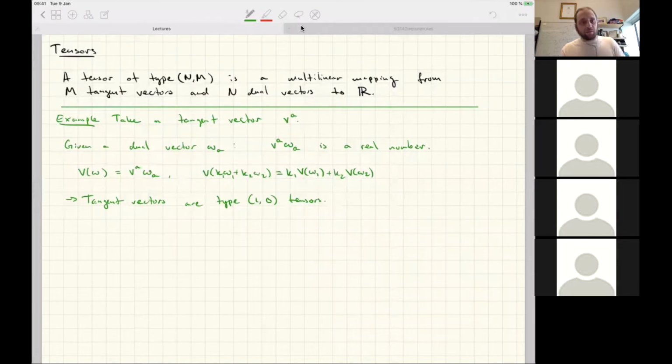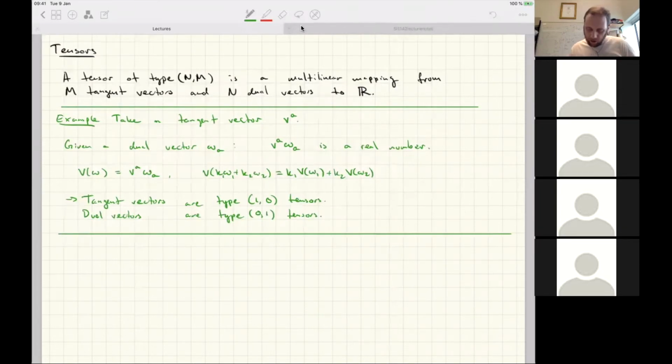Now, in the same way, I can see this not as a linear map of omega, but of V, because it's linear also in V. So this means that dual vectors are type 0 1 tensors, because given a dual vector, I can map a tangent vector to a real number. And multilinear just means that if it takes several arguments, it's going to be linear in each argument separately.